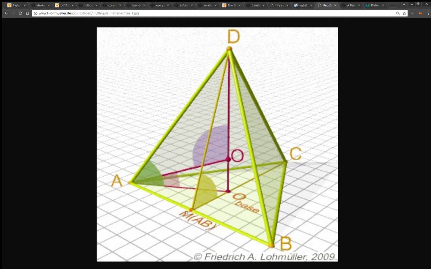So that's MDO angle. Now in the MDO base, this triangle, this is a right triangle because DO base is the height of the triangle and this is perpendicular onto the base. And being perpendicular onto the base, it's perpendicular onto any line in the base. And furthermore, it's perpendicular right on the center of mass.